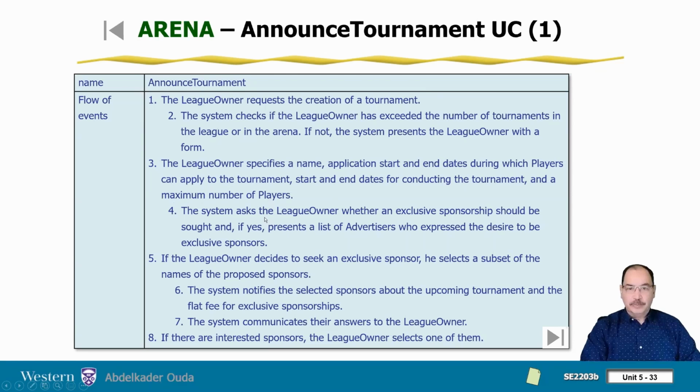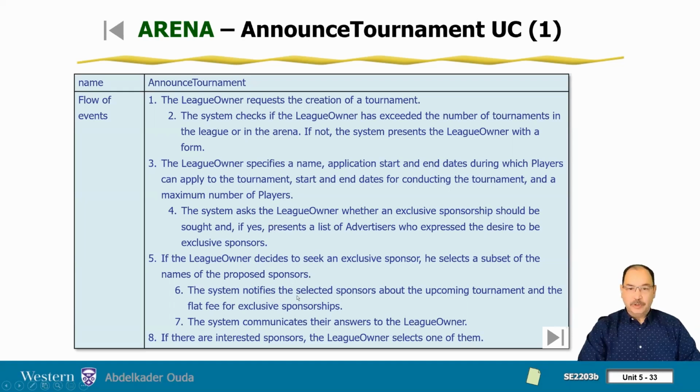Once the league owner submits this information, the system will ask the league owner whether an exclusive sponsorship would be sought, and if yes, present a list of advertisers who expressed the desire to be exclusive sponsors. If the league owner decides to seek an exclusive sponsor, he or she selects a subset of the names shown.